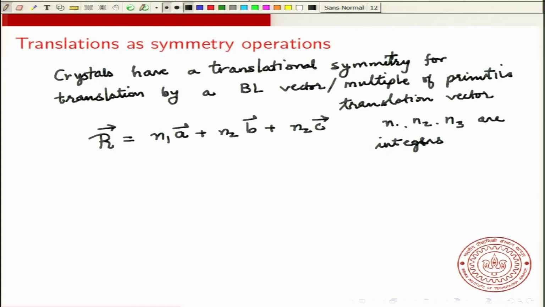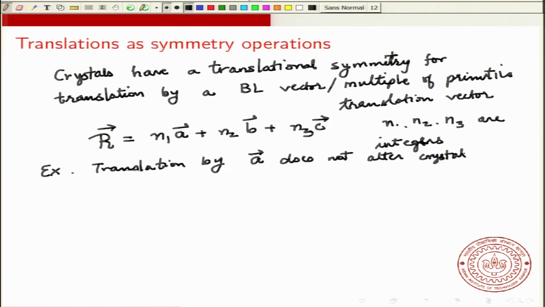There won't be any change. So for simplicity, let us take n2 equal to n3 equal to 0. So translating by a does not alter the crystal. This is actually the definition of the crystal and these primitive translation vectors.